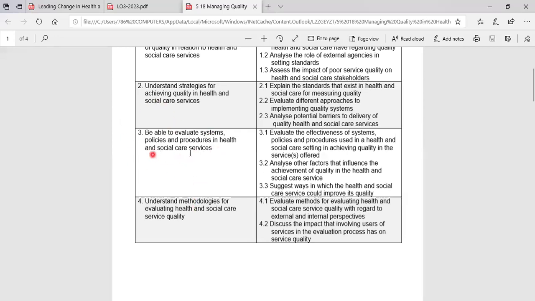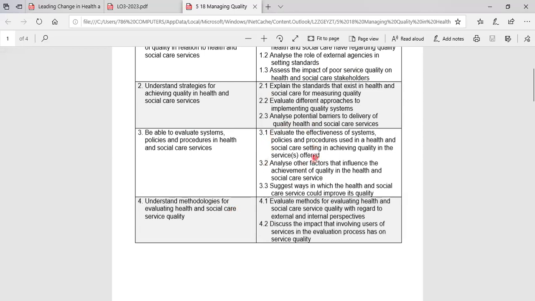So what are the systems, policies and procedures in health and social care services? You're evaluating the effectiveness of systems within your own organization. Once you've evaluated how quality impacts your stakeholders' perspectives and how your stakeholders have different impacts on quality, then we're talking about what the potential barriers could be to achieving quality.